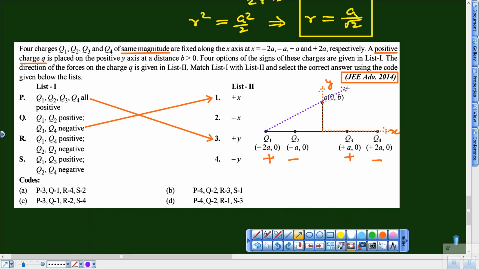And due to Q2 is this way, so let me draw only the line, not the arrow. It would be along this line. Let me draw the line first. Okay, now the forces.